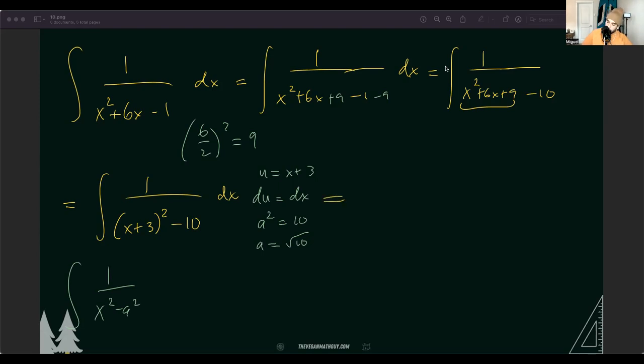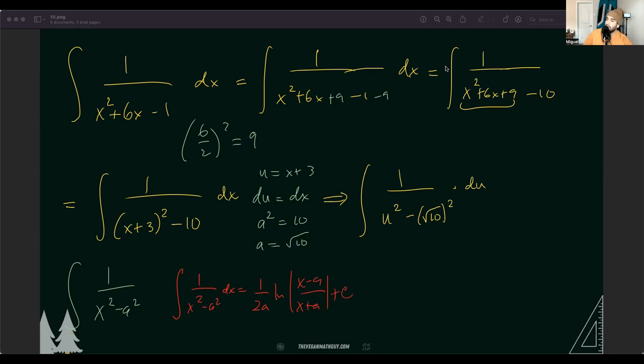And so this whole thing is just going to become the integral of 1 over u squared minus root 10 squared times du. And if you recall, the solution to this, let me go ahead and write it here in red. When we had 1 over x squared minus a squared, we said this was 1/2a natural log of x minus a over x plus a plus c.